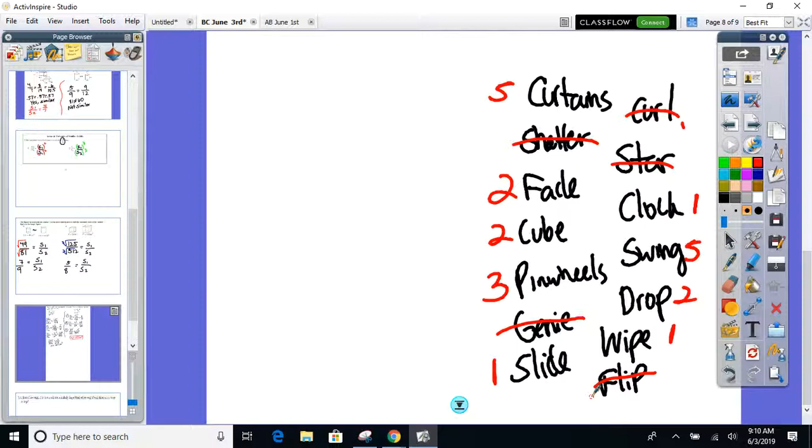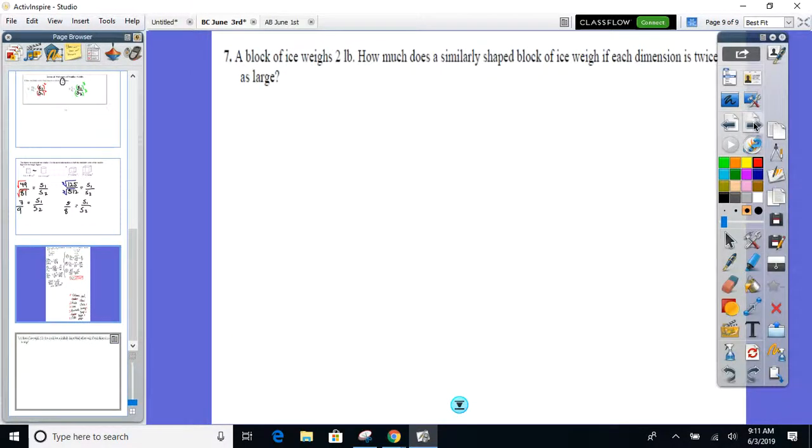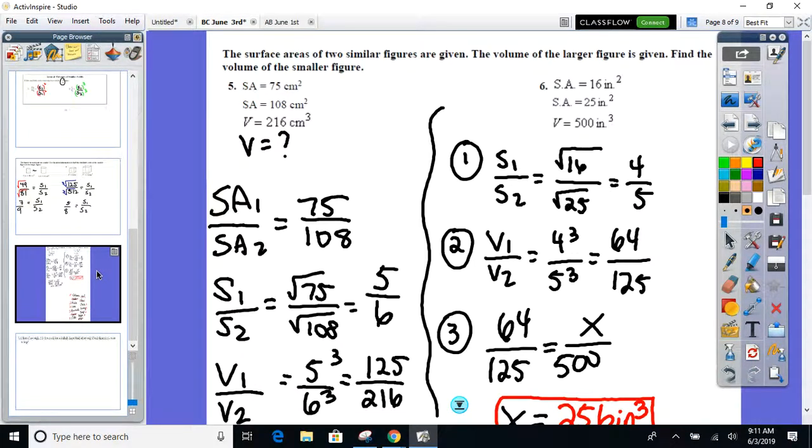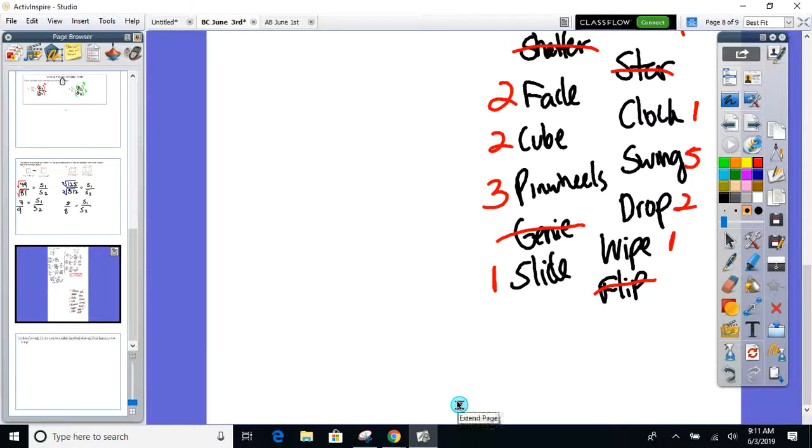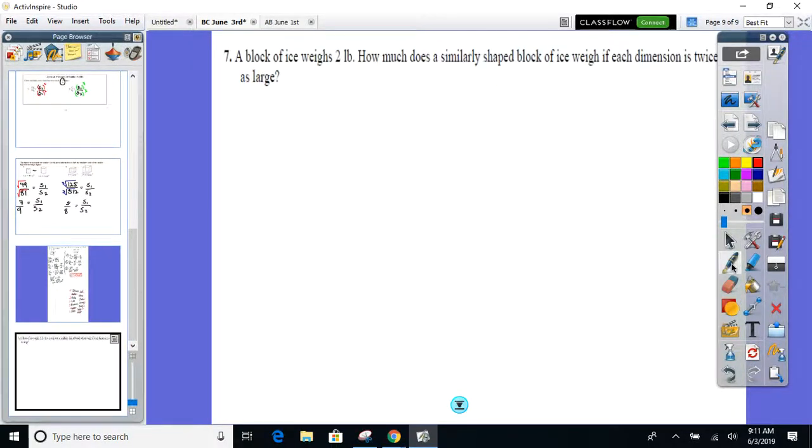Who's the earliest? Okay. Early birthday present. Come on up. Swing, curtains, or Promethean man? That one right there. Here we go. Ooh, fade. Thank you. Fade. Who are the two fades here? There you go. Should have listened. All right, here we go.